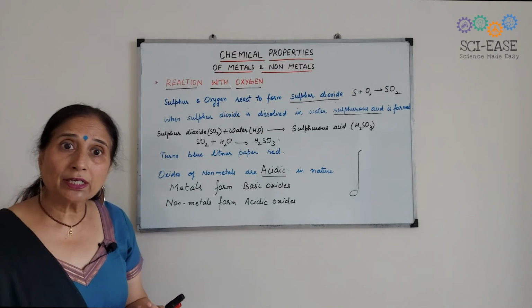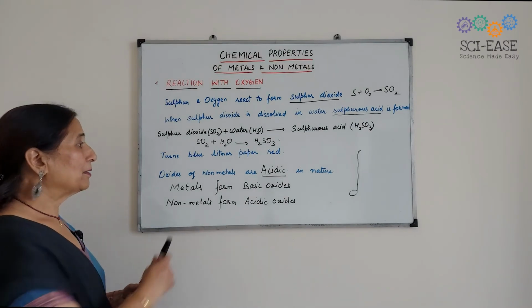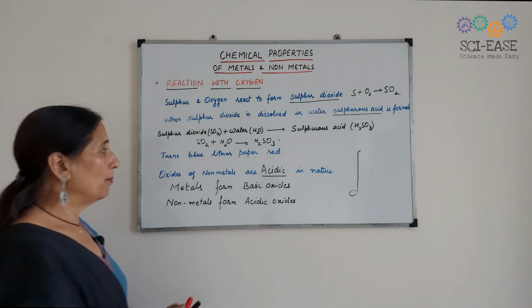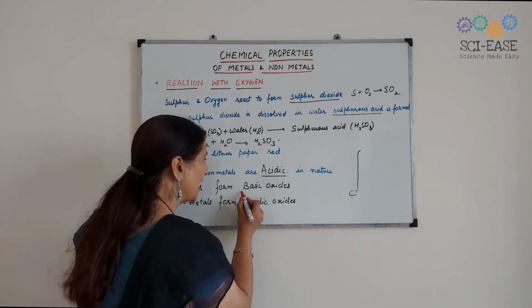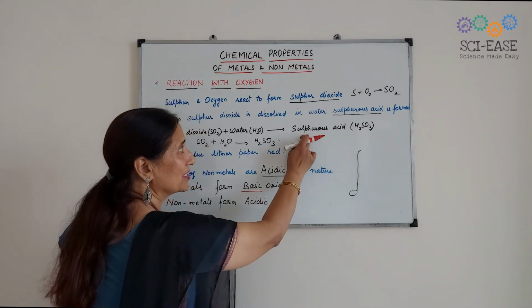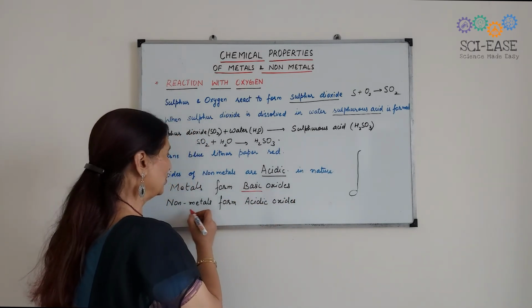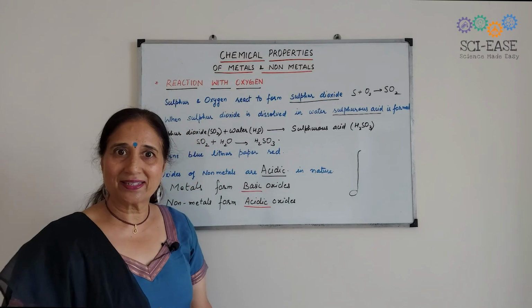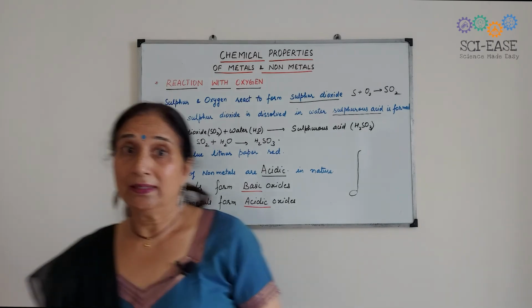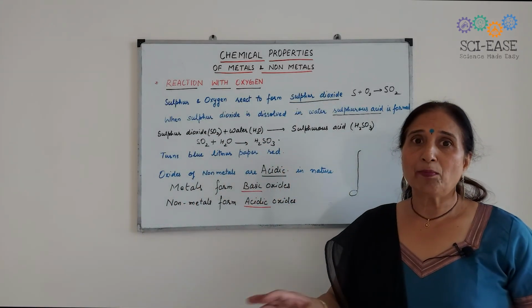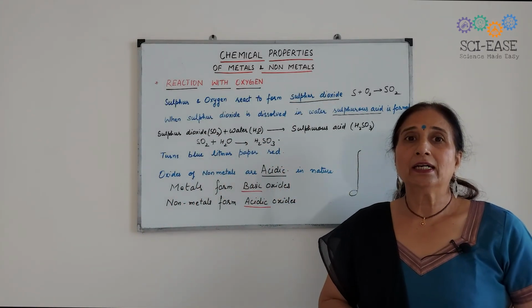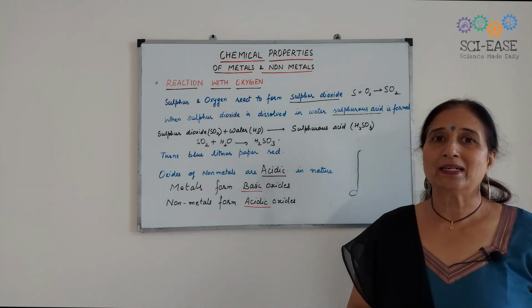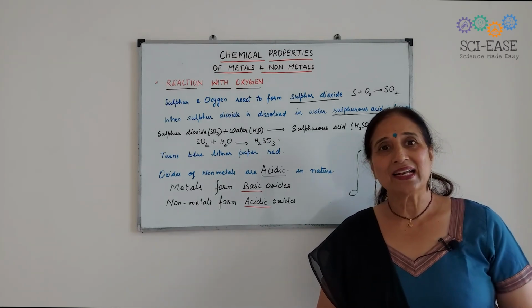So what we conclude from this is that metals form basic oxides, and because it's an acid, non-metals form acidic oxides. I hope this very important difference between metals and non-metals is clear to you.